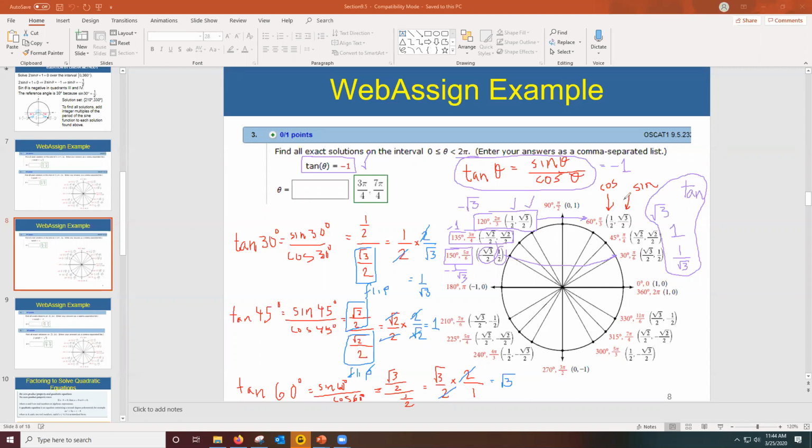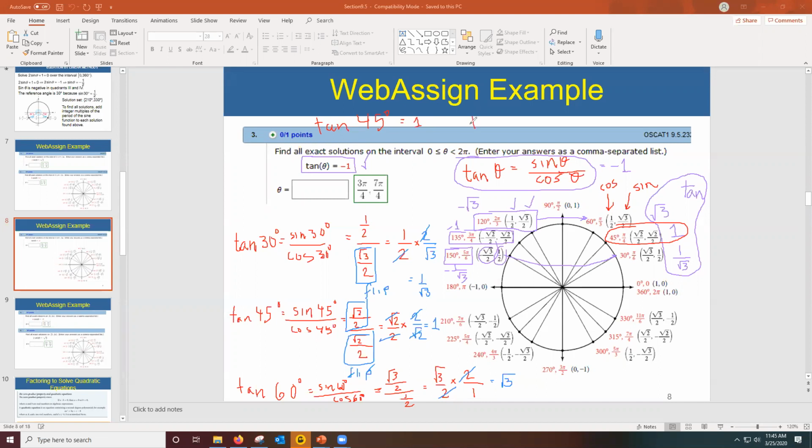So what angles have the sine and cosine equal to each other, but different signs? And you can see we started out calculating the tangent of 45 was equal to 1. Right? So I know tan 45 is equal to 1. Because when you look at 45 degrees, the sine and the cosine are the exact same value. So when I divide sine by cosine and get tangent, it's just 1.